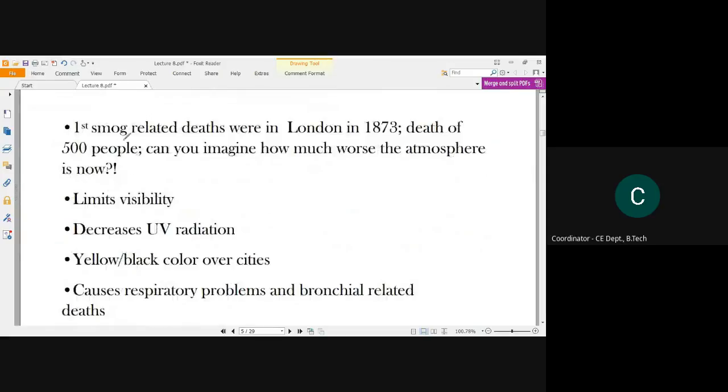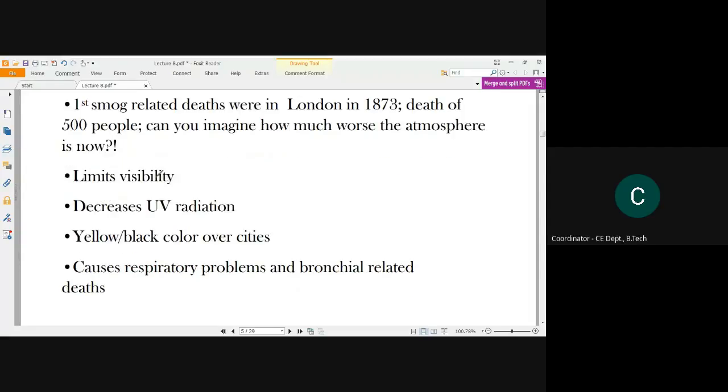The first smog related deaths were in London in 1873, the death of 500 people. Can you imagine how much worse the atmosphere is now? It limits visibility, decreases the UV radiation, gives a yellow or black color over cities, and causes respiratory problems and bronchial related deaths.